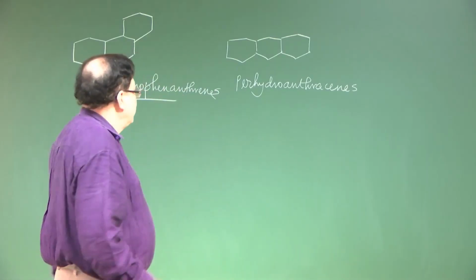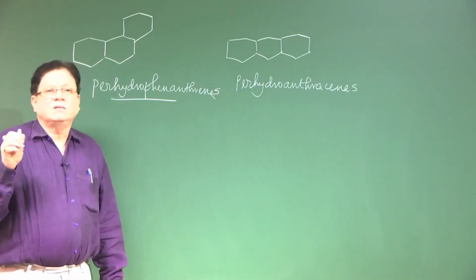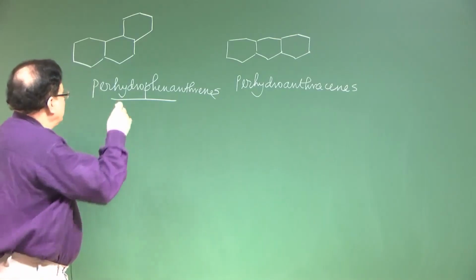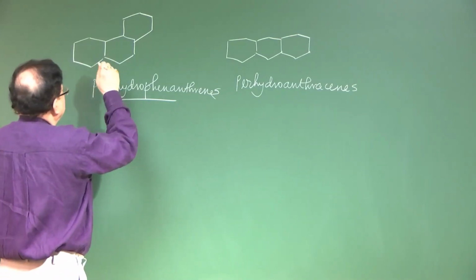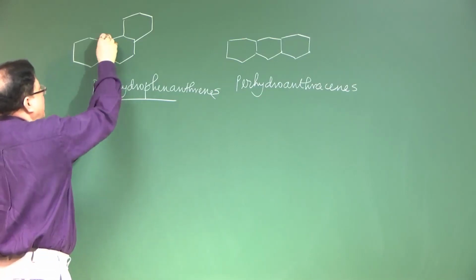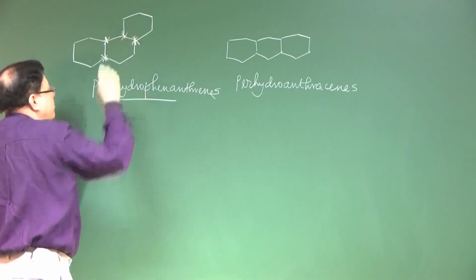For that we have to identify how many stereogenic centers are present in this system. So, let us take Perhydrophenanthrene. You have one center here, another center there, a third one here and a fourth one there.